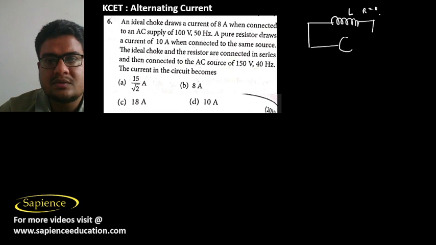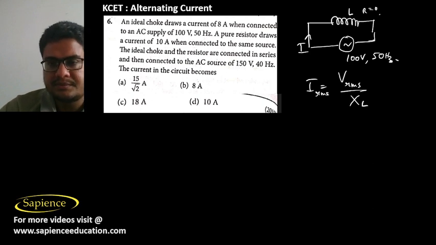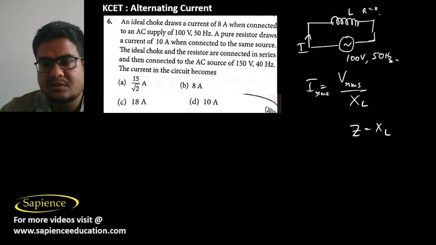It is connected to an AC supply which is 100 volts and 50 hertz. The current drawn by it, I, will be equal to VRMS by XL. Since Z is equal to XL, as there is no resistor, it will be VRMS, that is 100 volt, divided by XL.